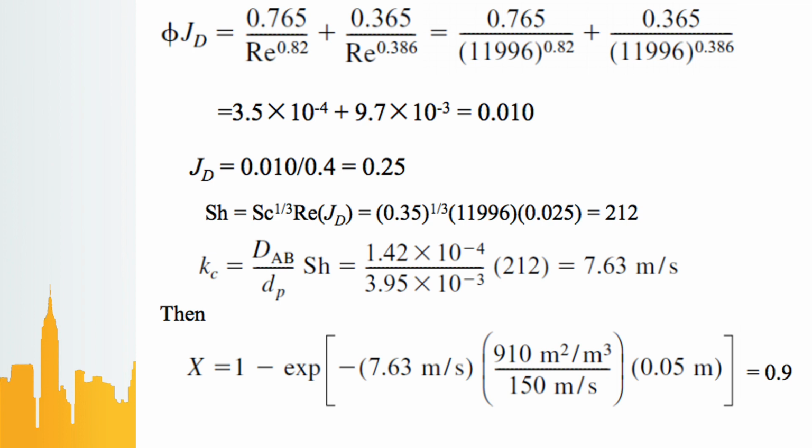Then again, once you have determined the Kc value, you insert it into the design equation of the PBR as stated in equation 11-64. You get the value of X of about 0.9%, which is slightly higher than the one determined using Kc from Thoenes and Kramers.